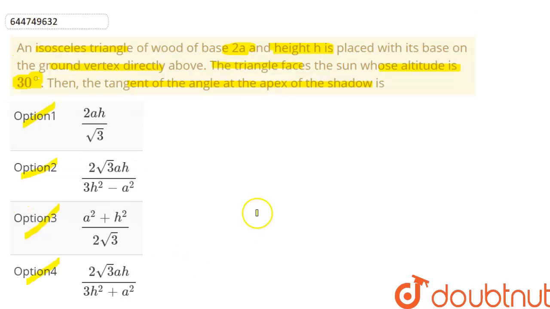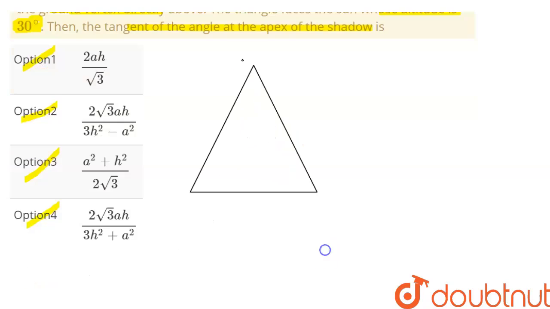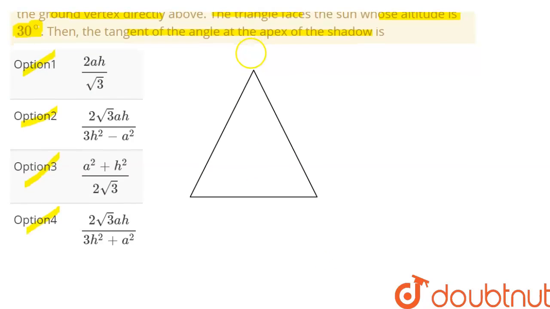So let us first construct the triangle to understand this question more clearly. Here we have the triangle ABC. This is the isosceles triangle ABC. Let us name this vertex A, this vertex B, and this vertex C, and we are given that its height is h.